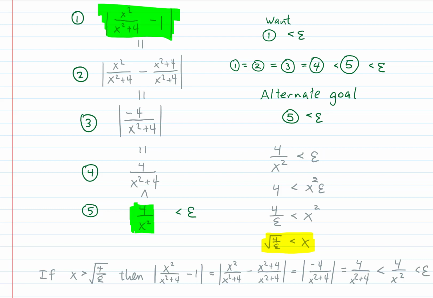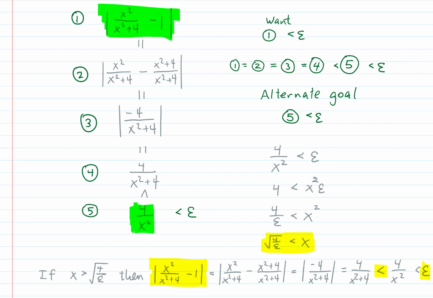And now I have this is less than epsilon, which is what I was trying for. Okay? So that's where I got that number, the square root of 4 over epsilon, from.